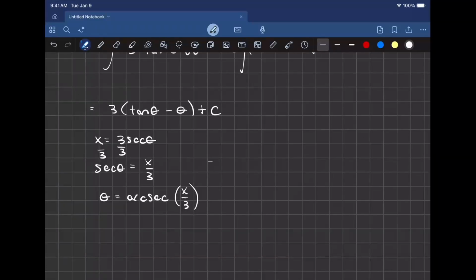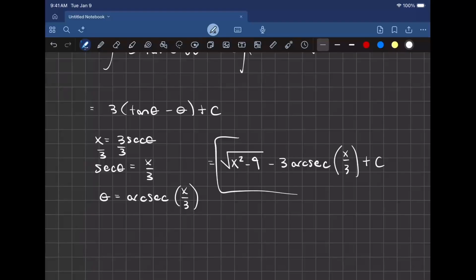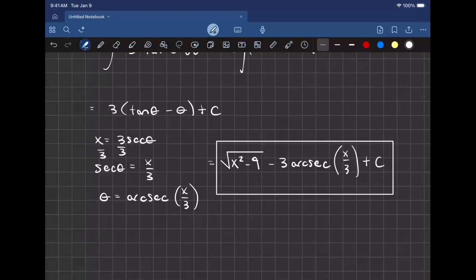So this means our solution is going to be root x squared minus 9 minus 3 arc secant of x over 3 plus c. And that's our solution.